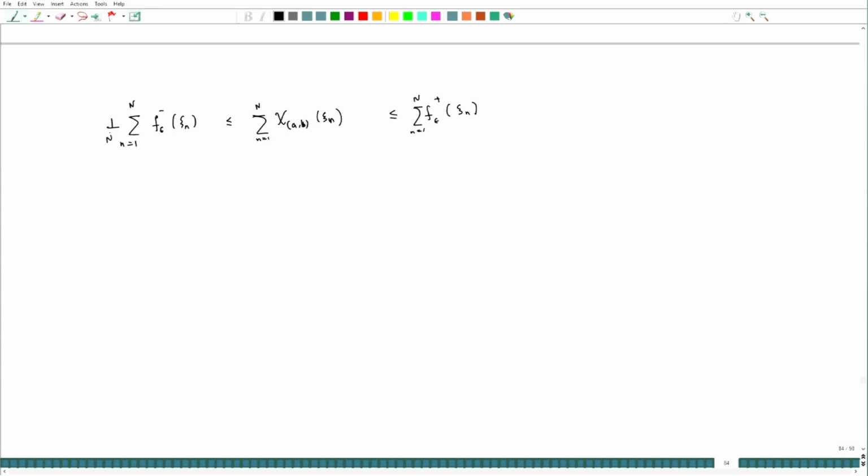Therefore, if I divide 1 by n, remember that both f epsilon minus and f epsilon plus are continuous functions. So this is going to be the integral from 0 to 1 of f epsilon minus of t dt, and this goes to the integral from 0 to 1 of f epsilon plus of t dt.